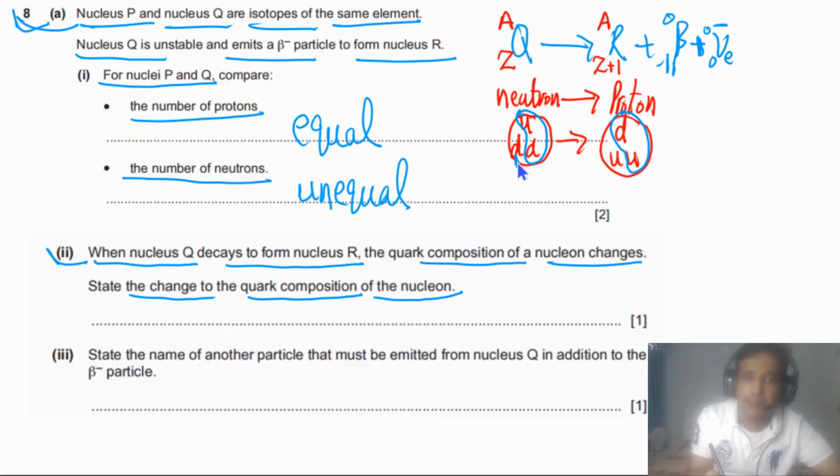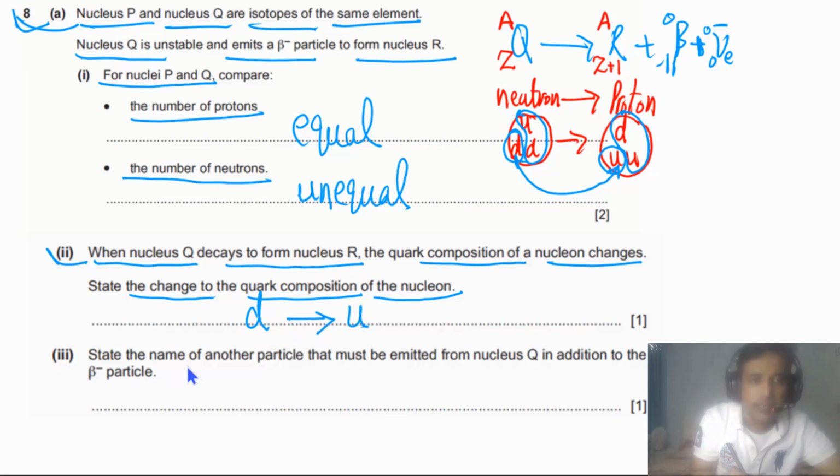Now here we have D and here we have U, meaning here we have a down quark and here we have 1 up quark. It simply means that 1 down quark decays into 1 up quark. So simply we can say down quark decays to up quark.